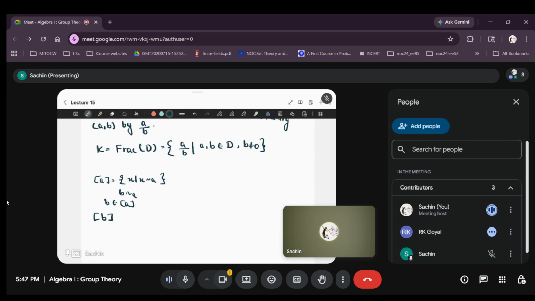Yes. And what I'm saying is, you could call the equivalence class by any name, by picking any element within the equivalence class. So this A and B were simply representatives for the equivalence class.